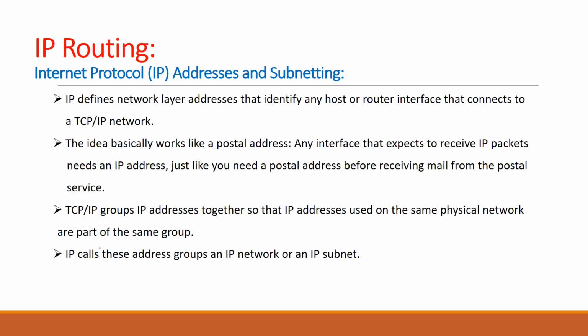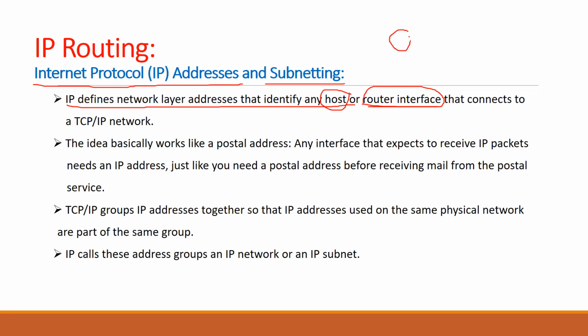Let's discuss something about the IP routing process, which is Internet Protocol addresses, or IP addresses, and subnetting, just fundamentals. IP defines network layer addresses that identify any host or router interface. Remember this: any host should have an IP address, and any router interface should have an IP address.